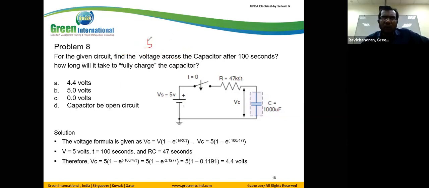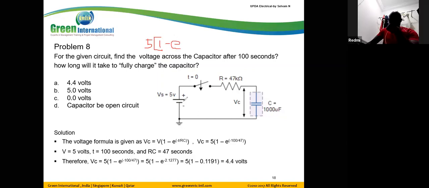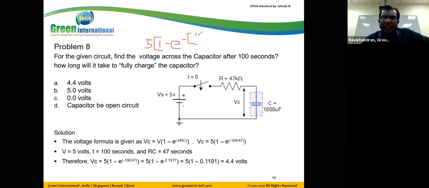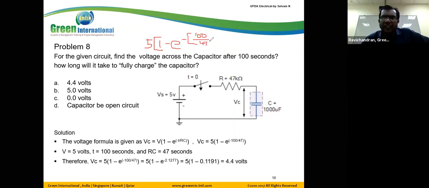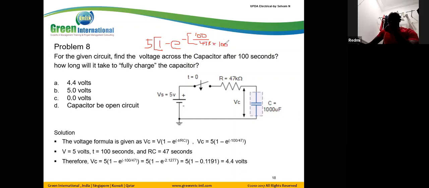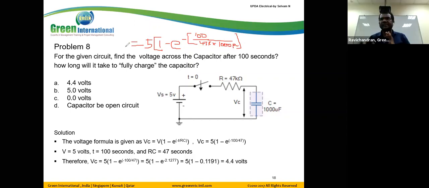Once again, 5, open the bracket, 1 minus e to the power of minus, open the bracket, T 100 seconds divided by R 47 K into C 1000 micro. So we get the answer.